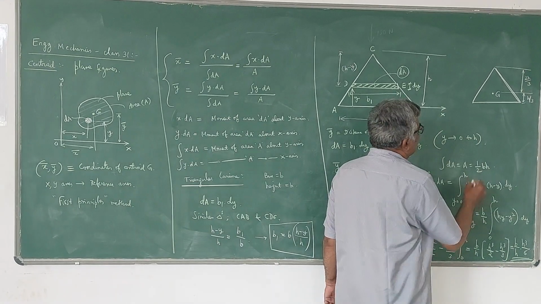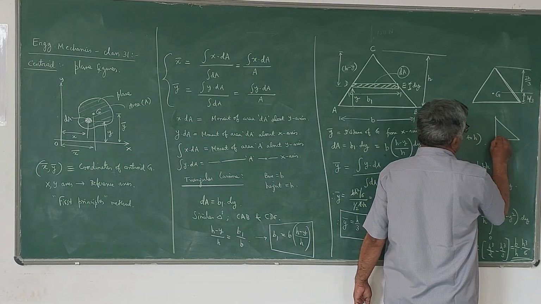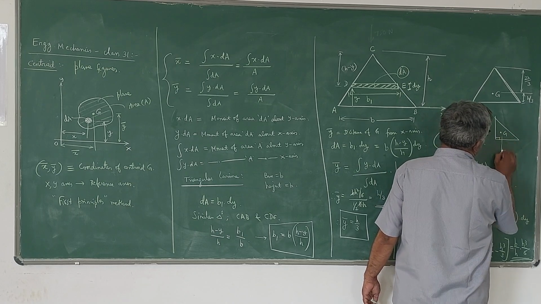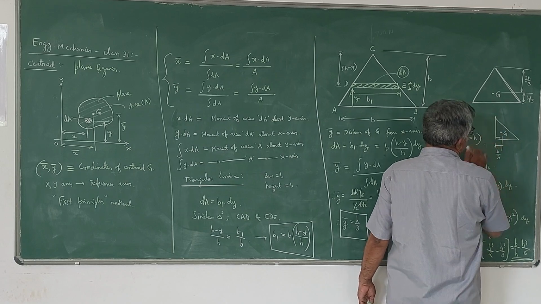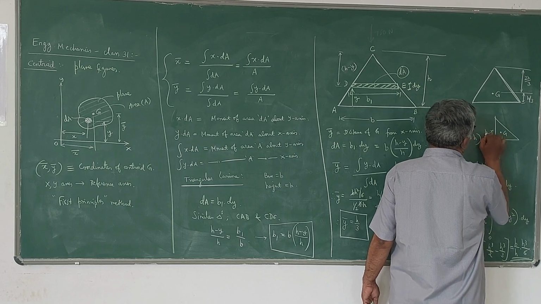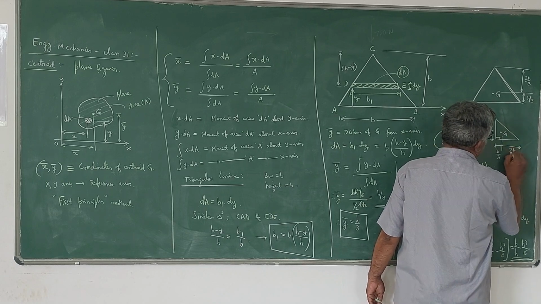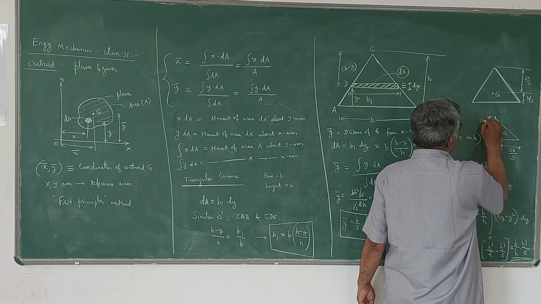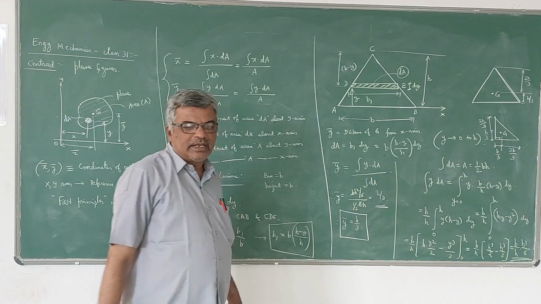If it is a right angle triangle, this is a special case wherein, suppose if this is B, G will be at a distance of B by 3 from this edge and H by 3 from this edge. Or from this vertex, it is 2B by 3. From this vertex, it is 2H by 3. So this is how we can locate the centroid of a triangle.